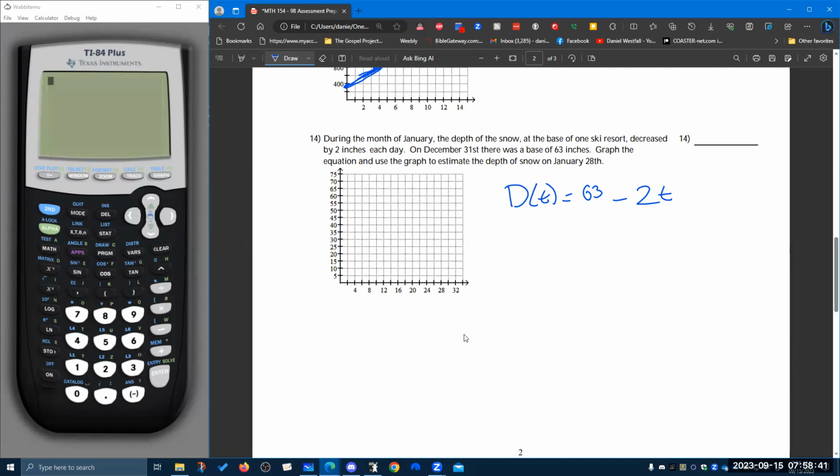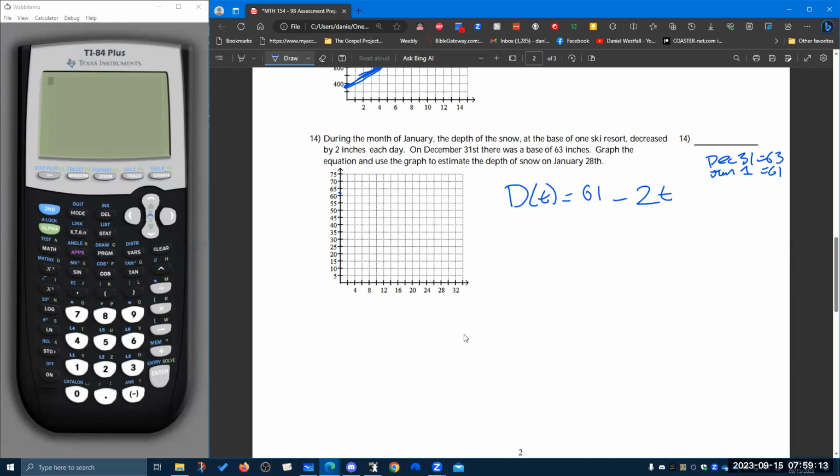So that really means that here we should be at 61, because December 31st, we were at 63. We're on January 1st, which this is a model for the month of January here, we're going to be losing 2. We would be at 61.